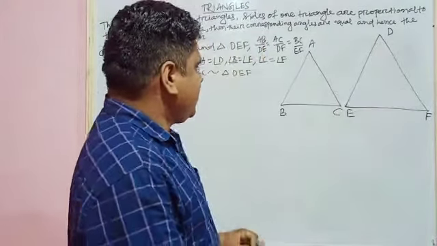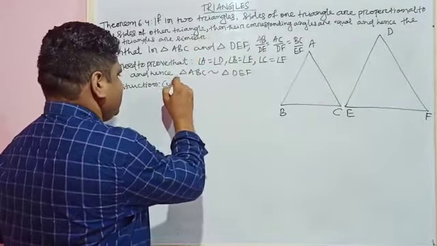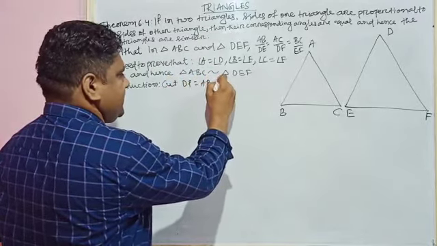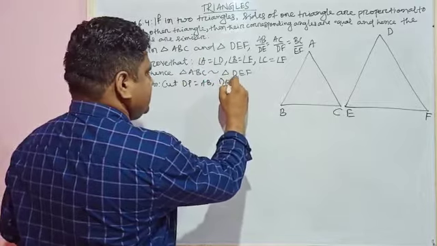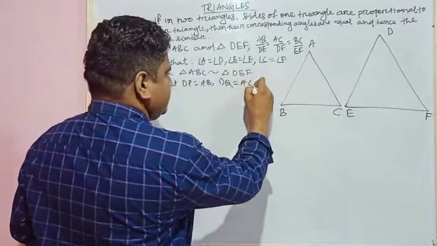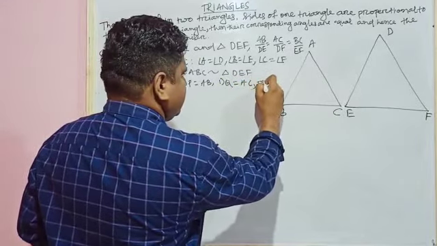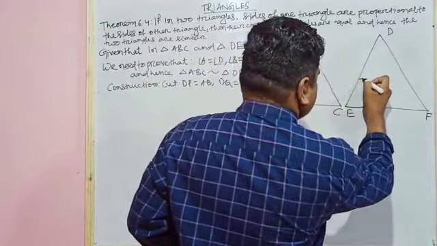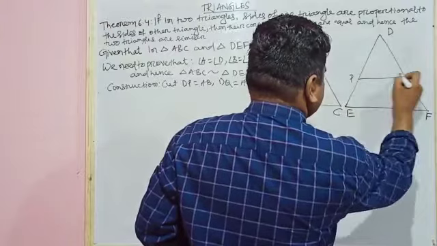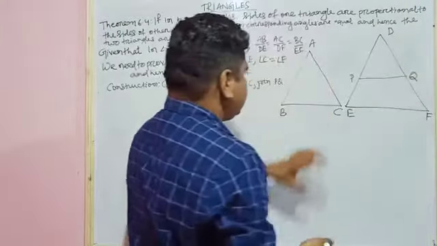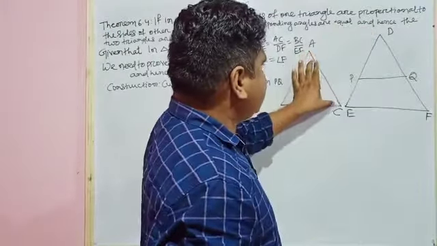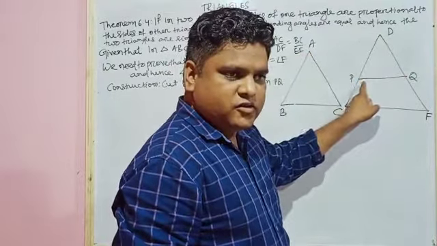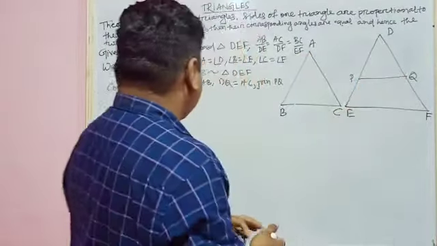So we have to write DP is equal to AB and DQ is equal to AC, and join PQ. Means AB and DP are equal, AC and DQ are equal. We have constructed this and we have also joined PQ. So let's prove this.